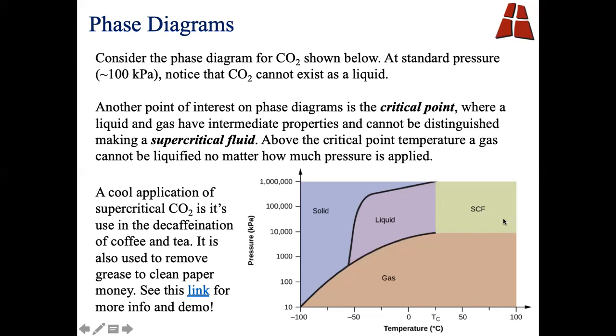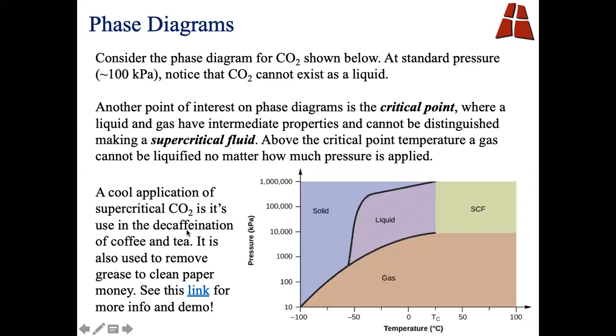That's a great non-polar liquid that would pull off all the grease from that dollar bill. Then once they drain the tank, they would just release the pressure. The CO2 would, of course, turn back into a gas at that point, and you would just be left with grease. Or in the case of decaffeination, you would be left with caffeine crystals.